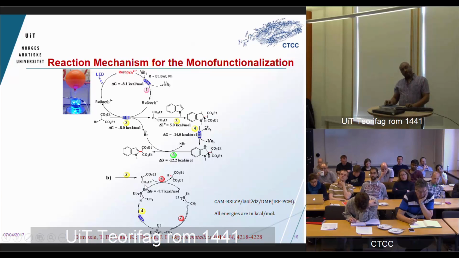In the previous experiment, they got an 82% yield for this compound, and in our group we got a 68% yield of this compound from this chemical reaction.